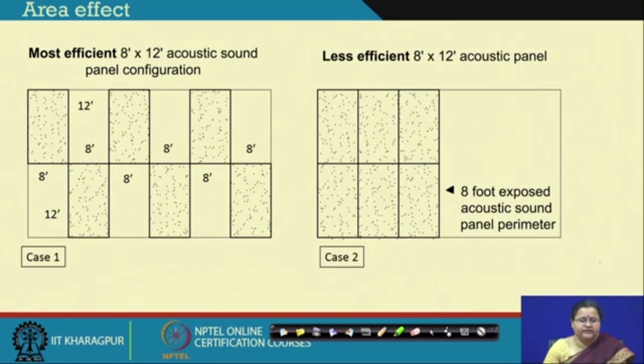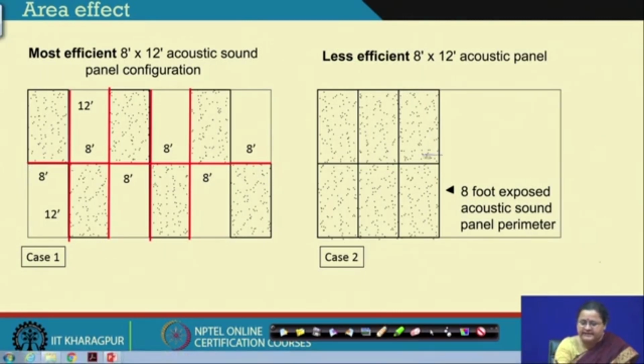If you are distributing them as in case 1, you are increasing the edges by 12 plus 12, 24 feet, 1, 2, 3, 4 times, and edges of 8 feet are exposed 6 times, which is not at all found in this case.